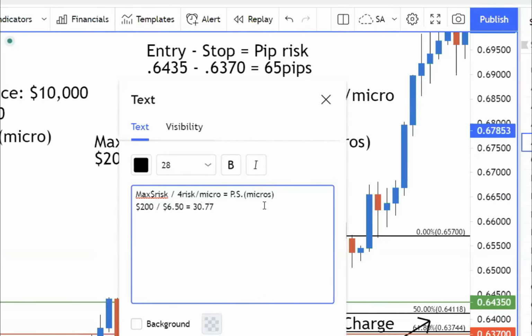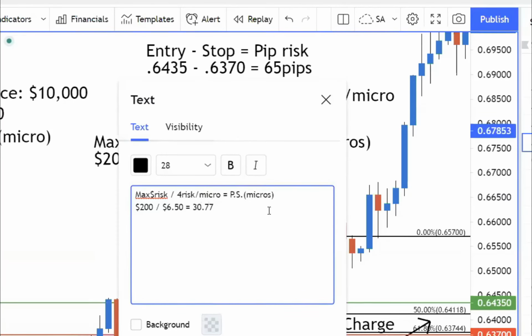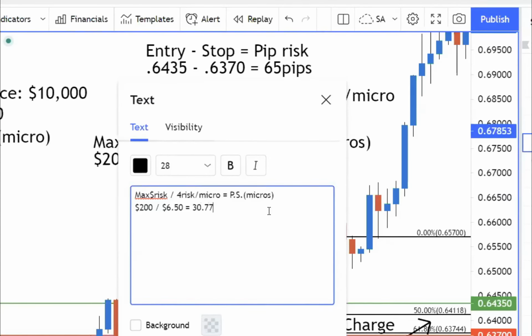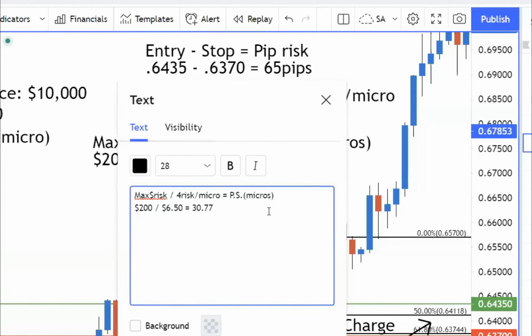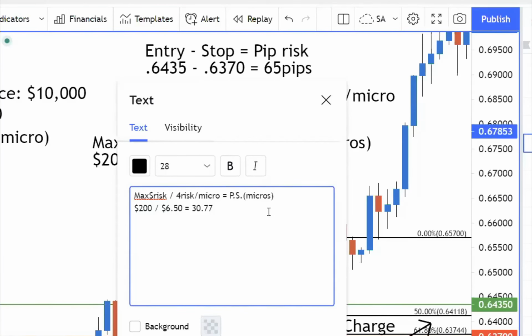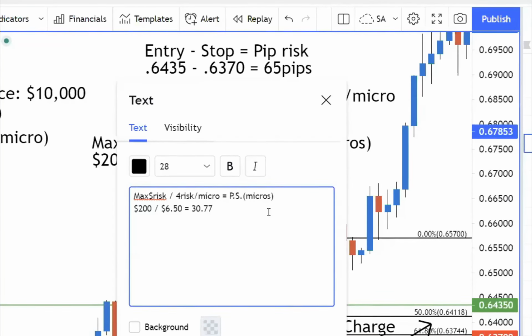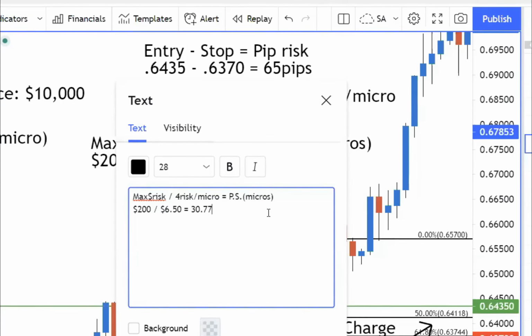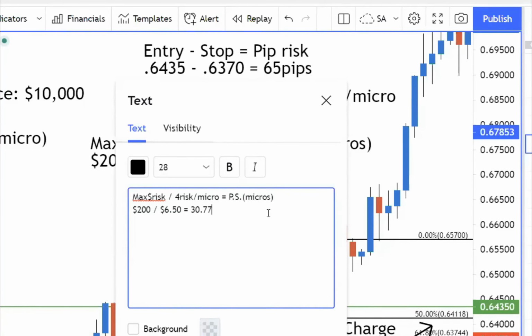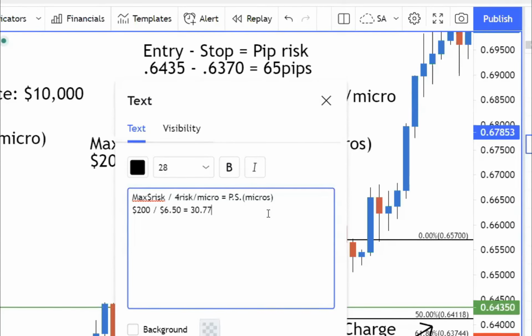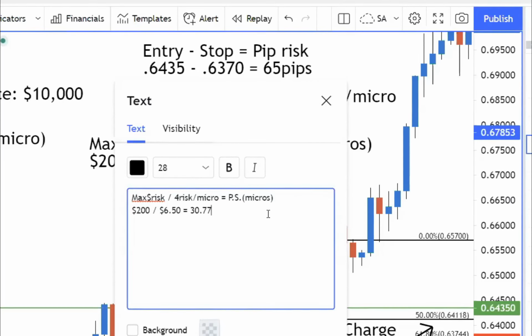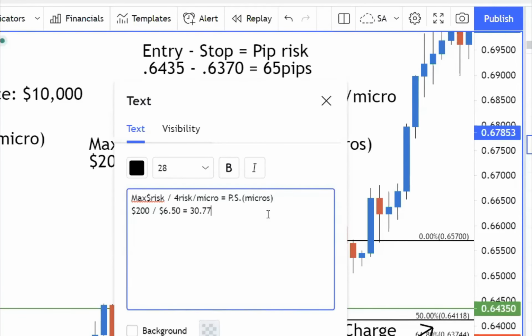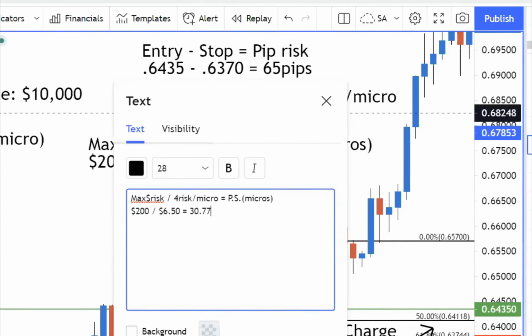Now, when we're working with micros, remember a broker choosing to use lots, micros are going to be the smallest lot, right? So there is no fraction of a micro. So at this point, the trader who has a broker that uses these lots would have to round down. That's what you would want to do to keep your risk under that $200.